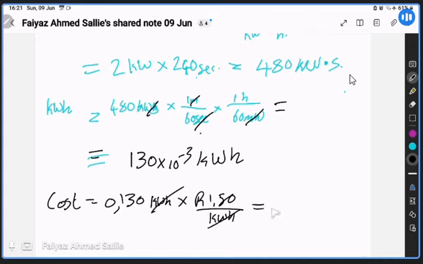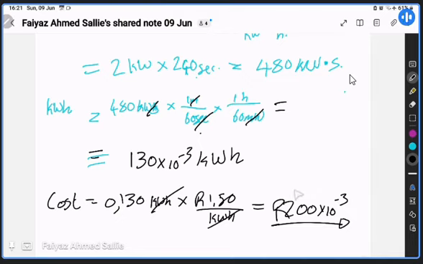Cancel those two, and then you get an answer of, multiplied by 1.5, and we get 200 times 10 to the minus 3, and that's how much it's going to cost. Let's check the memo.